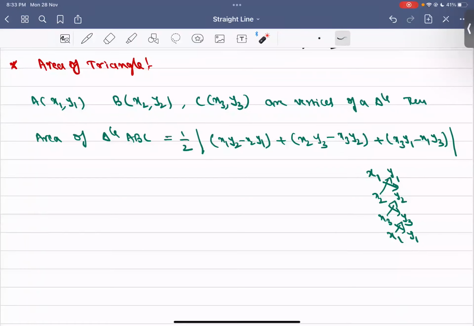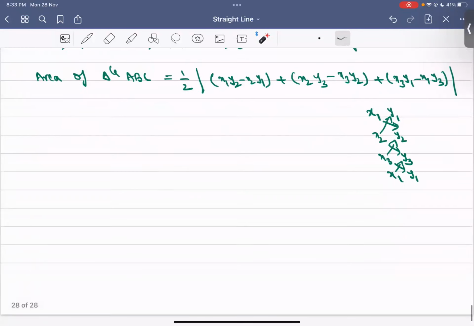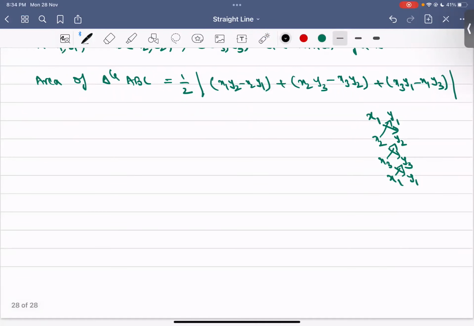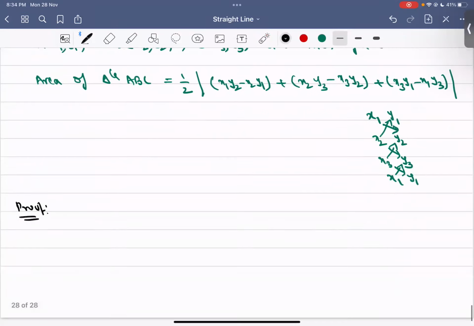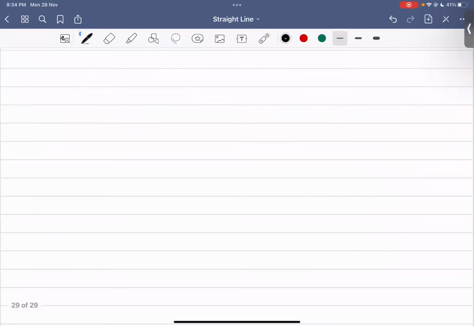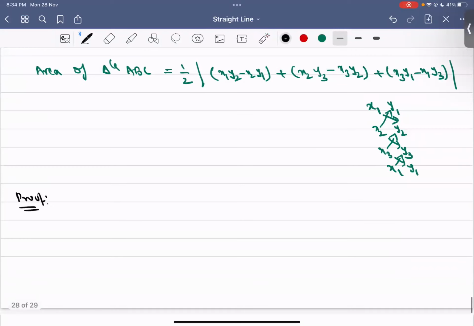Now we will try to prove this result. Suppose the y-axis and x-axis.